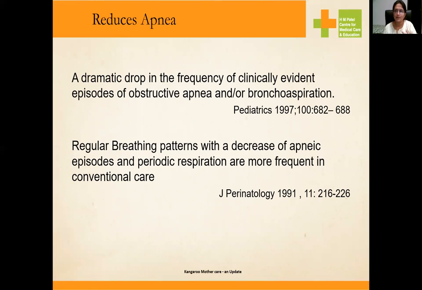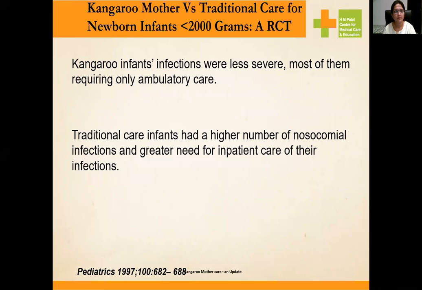When the baby is in the kangaroo position, it regularizes the baby's breathing pattern and reduces apnea episodes, while periodic respiration is more frequent in conventional care. So when the baby is in the kangaroo mother care position, their breathing is very smooth and comfortable, and it improves their saturation.